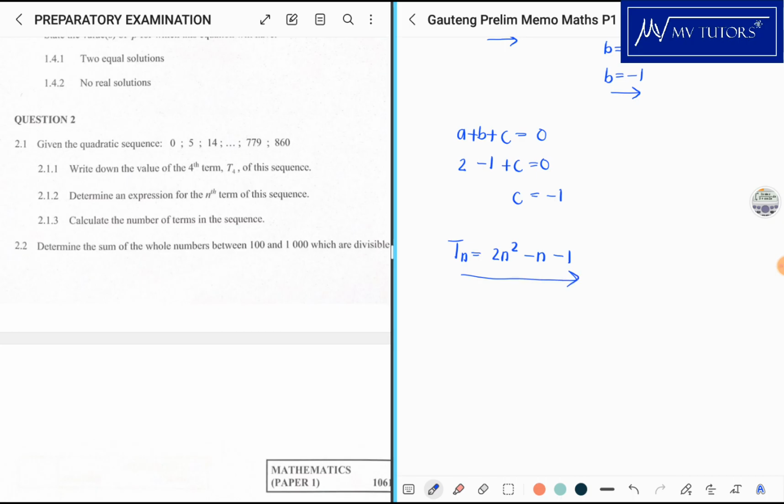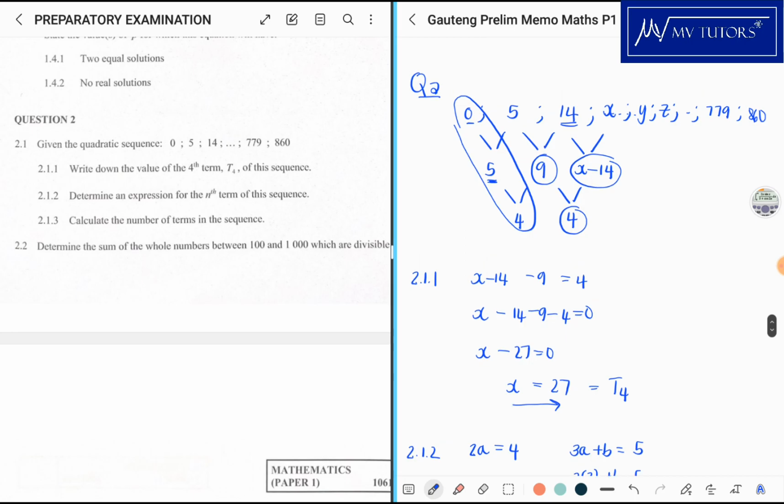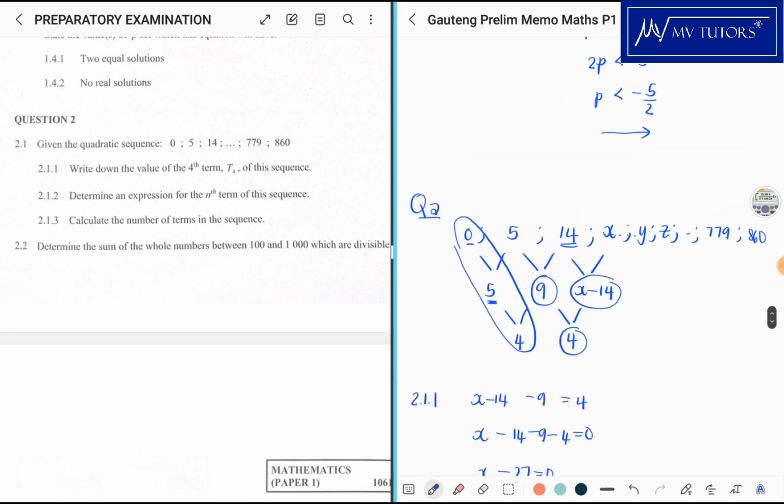Great. And now 2.1.3. It says calculate the number of terms in the sequence. You can do it in different ways.